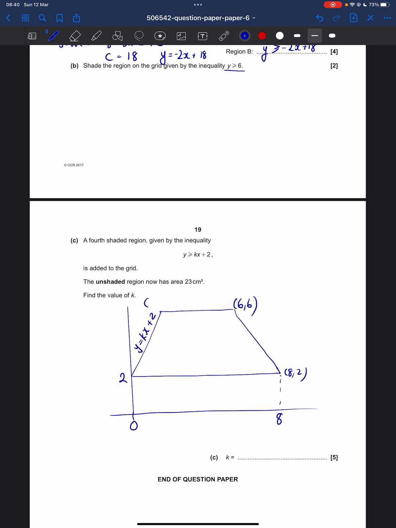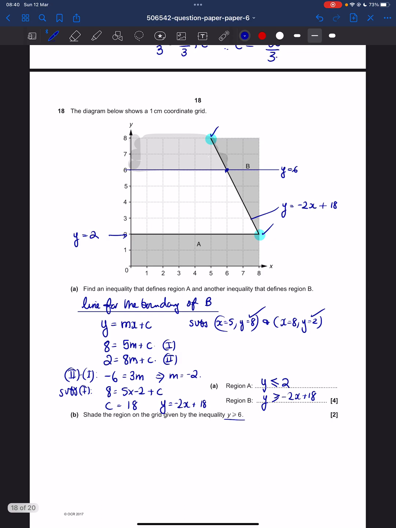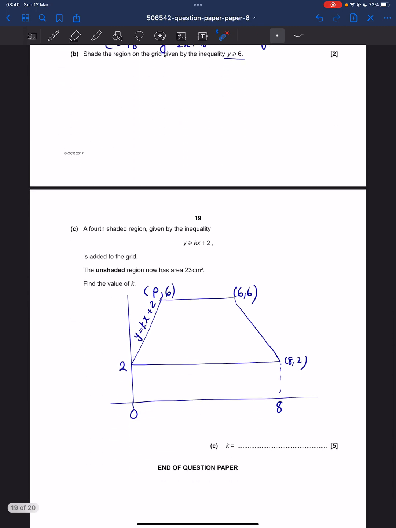Let's call that unknown x P for a point, but we do know it's got height 6 because it's got this line y equals 6. So we need to work out the P value that gives this area equal to 23 centimetres squared.